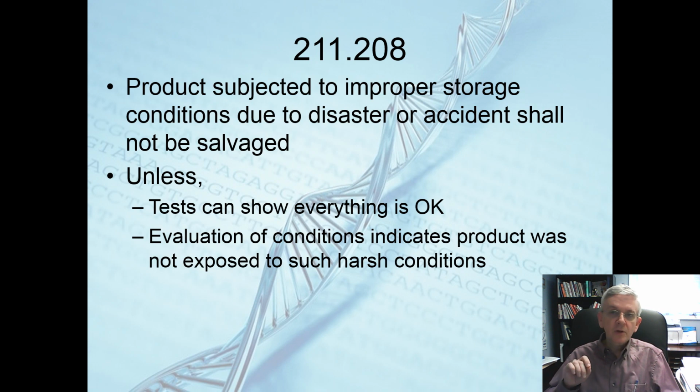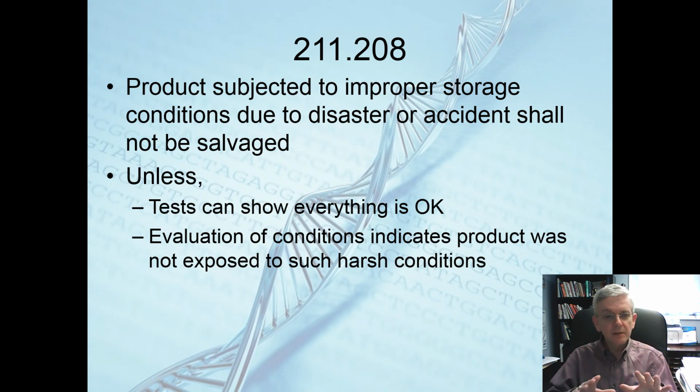Go beyond the realm of reasonability to show that everything's okay. Evaluation of those conditions indicates that the product was not exposed to harsh conditions that impact it. You can indeed do that, but you really have to have your ducks in a row. You have to have everything in place to show that you indeed did control the product, and whatever issue happened didn't have an impact on it.